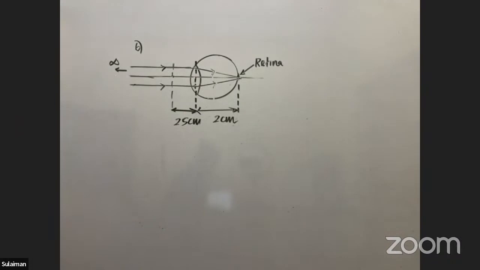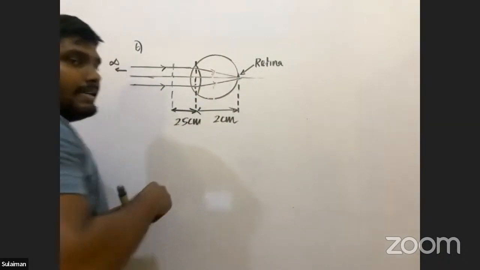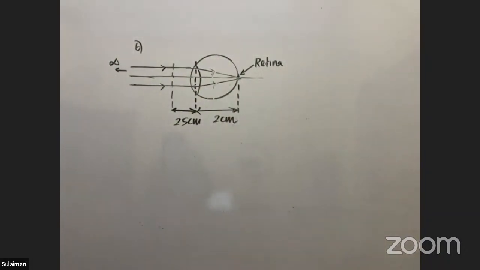Now what happens? The diameter of the eyeball is increasing. Now the diameter is 2.2 centimeters. Then what will happen?